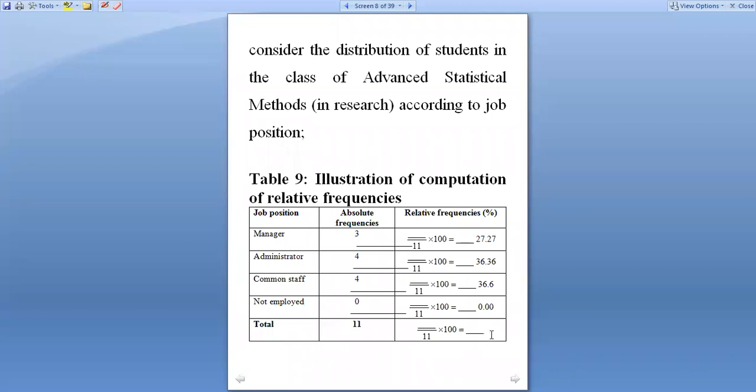You get 99.99, which is approximately 100 when you round it off. It is approximately 100%. So that is how we generate the percentages.